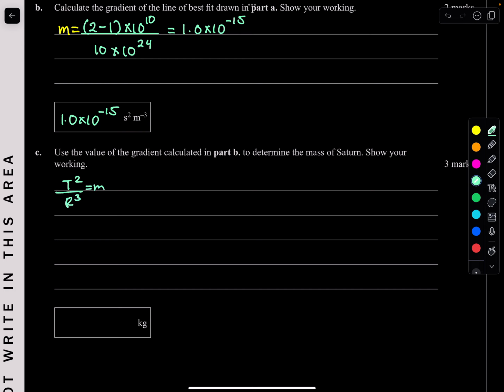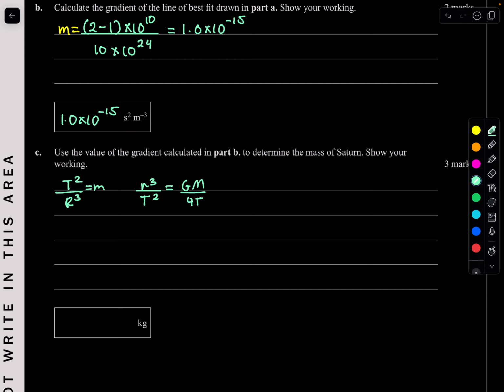Now if I look at the formula of Kepler's law, let me go back to my summary sheet. Here it is. I know that by Kepler's law, R cubed over T squared is equal to GM over 4 pi squared.